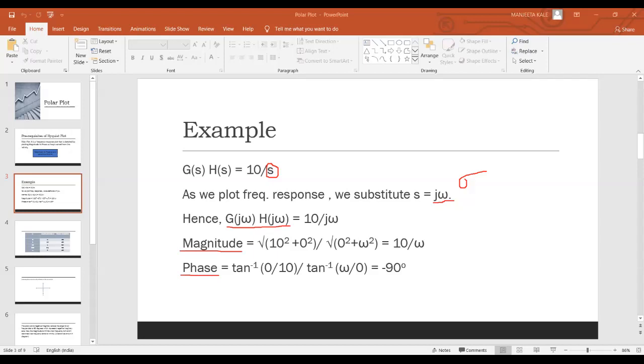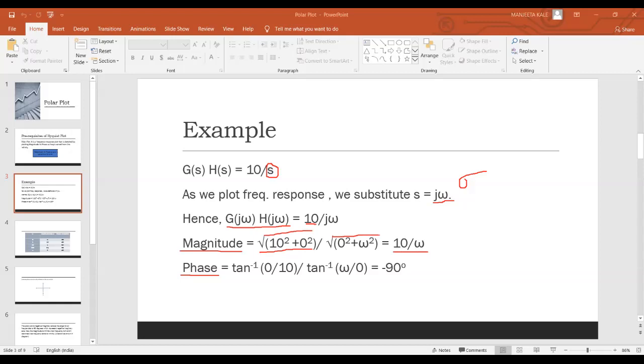The numerator is only 10, so the imaginary part is 0, and we have 10 square plus 0 square under the square root. Similarly, the denominator can be written as 0 square plus omega square, where 0 is the real part and omega is the imaginary part. After solving this, we get the magnitude to be 10 upon omega.